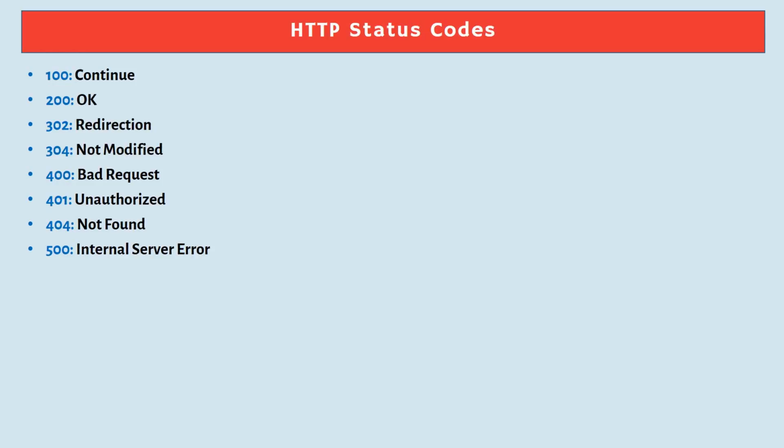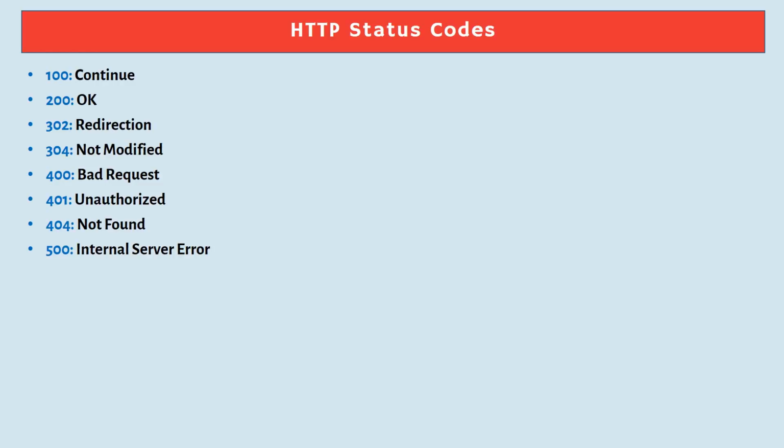An HTTP status code is a number representing a meaningful kind of response to the browser. For example, 100 indicates continue. 200 indicates the data is successfully processed and the response has been given to the browser. 302 indicates redirection from one URL to another URL. 304 indicates not modified.